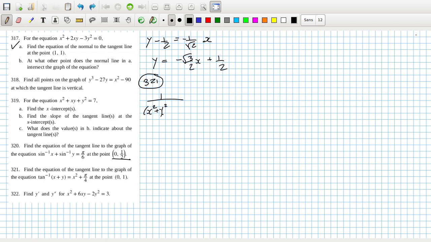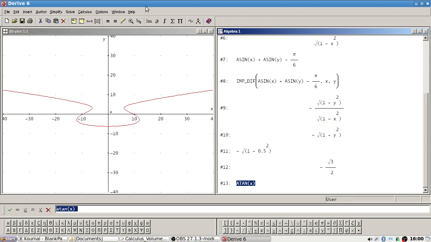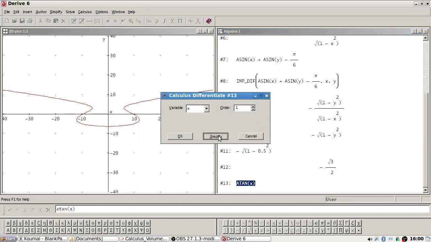No. 1 over x plus y squared plus 1 times dy/dx equals 2x. Check here. Yeah.